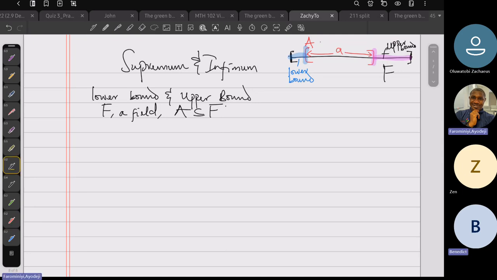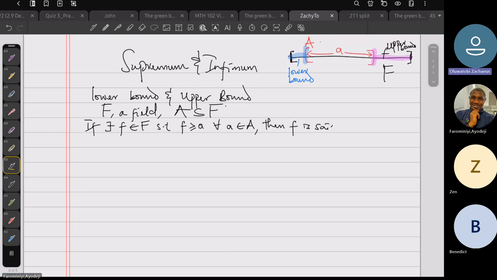So if there exists any f in F such that f is greater than or equal to a for all a in A, then f is said to be an upper bound.